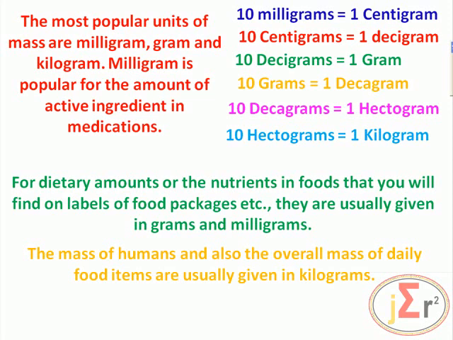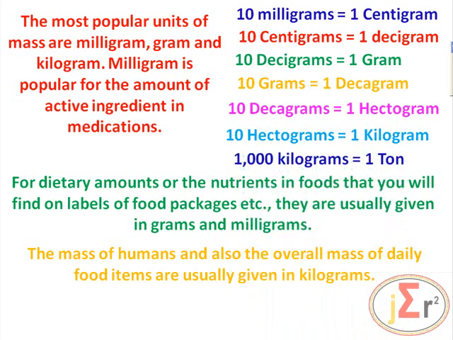So Jerry, what is your mass given in? Kilograms. Okay. So if you say milligram, it means that you would be maybe just the size of a louse or something like that.